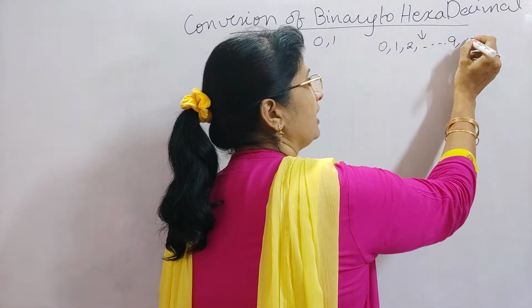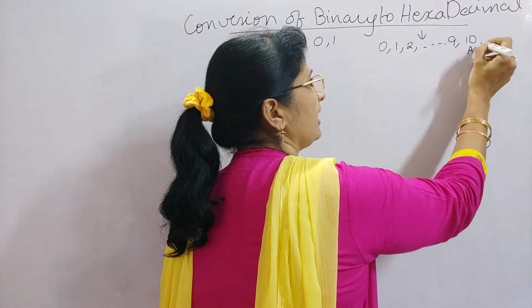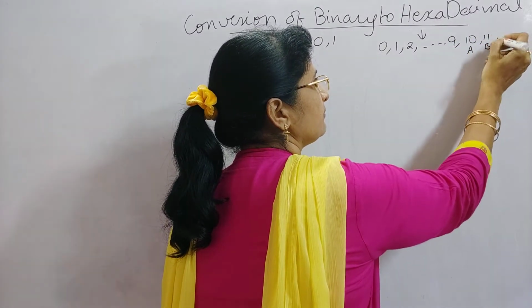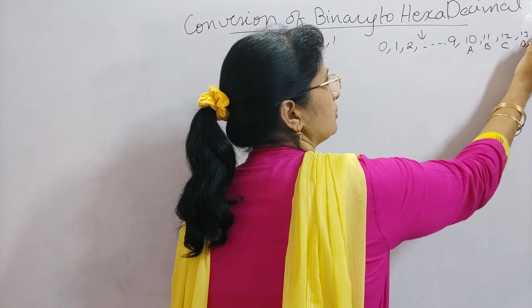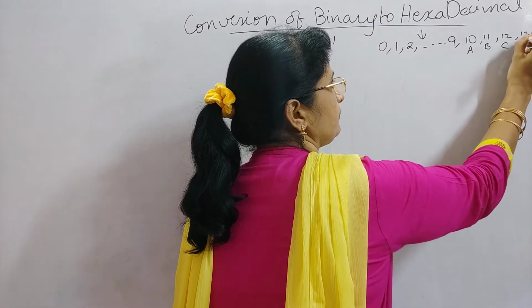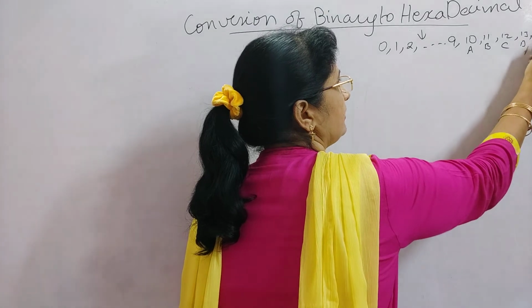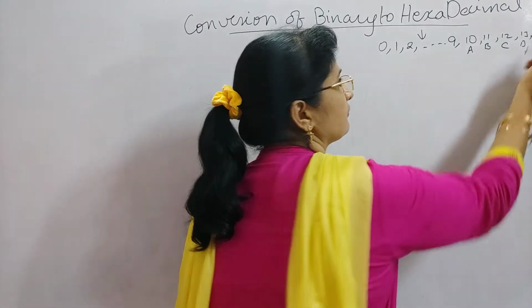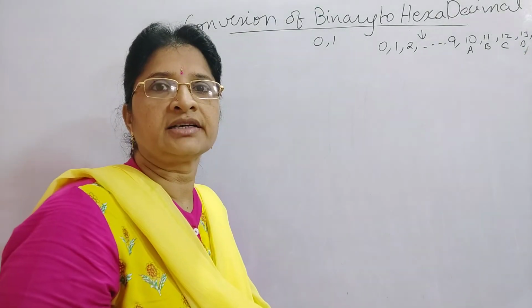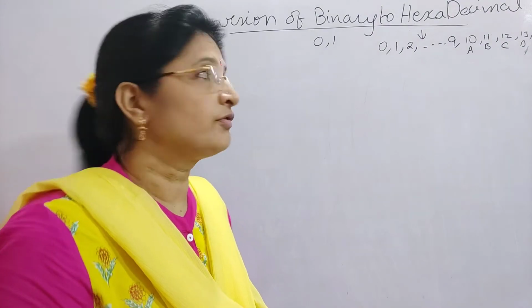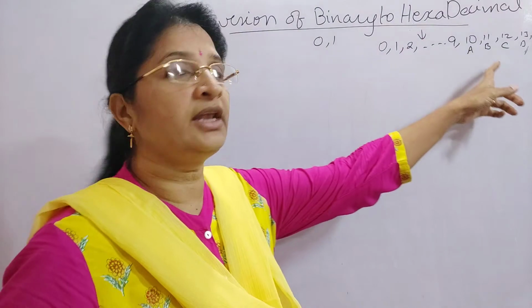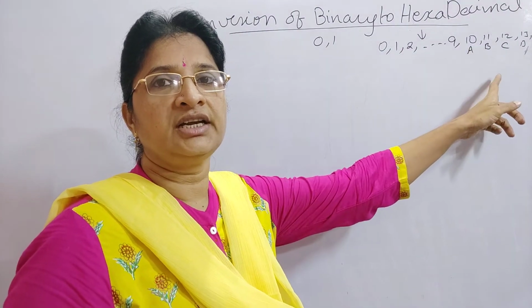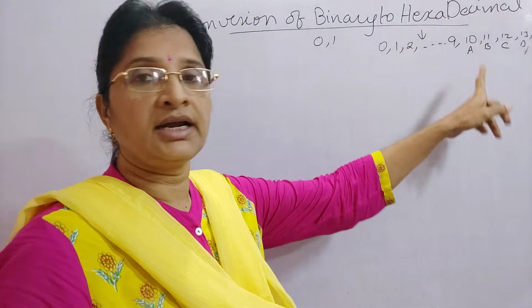And the remaining are, for 10 you give A, for 11 B, for 12 C, for 13 D, 14 E, and 15 it is F. So these are the individual digits of a hexadecimal number. The combination of any number with these digits is called a hexadecimal number.